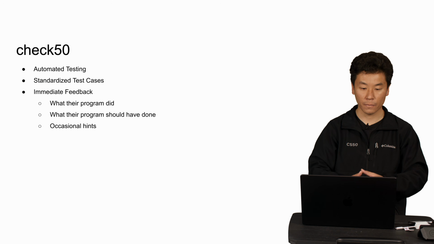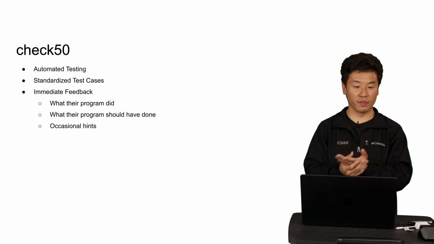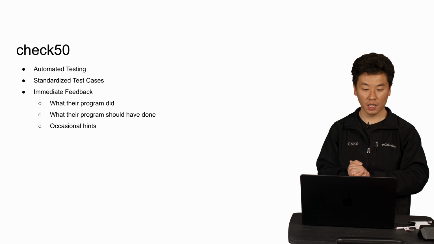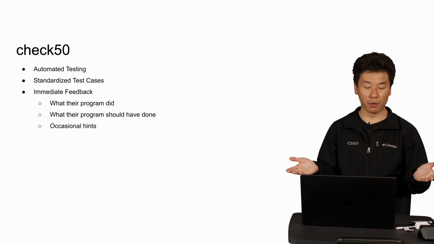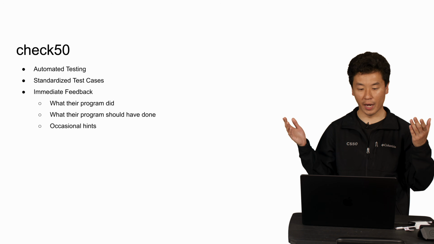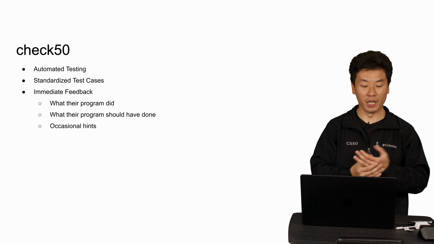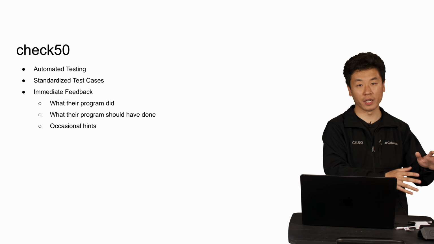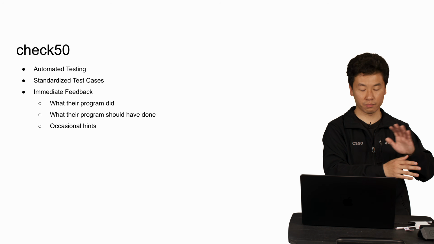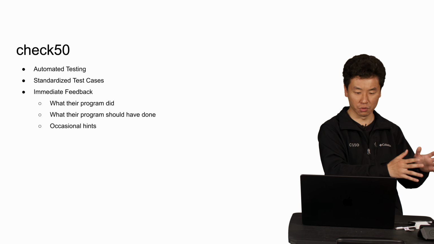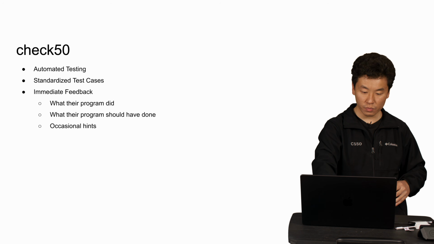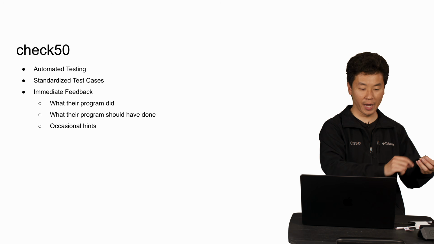So to summarize, what Check50 does is automated testing with standardized test cases, so everyone running the same Check50 command will get their code graded the same way. You get an immediate response right in the terminal about what your program did right and what it didn't do right. Occasionally in Check50, we actually provide hints.